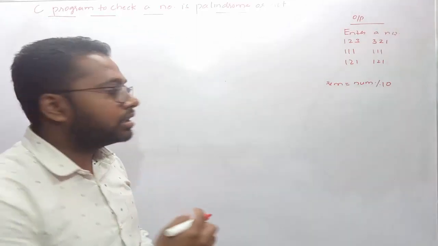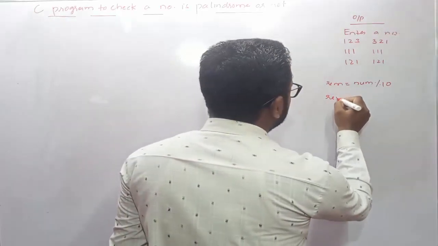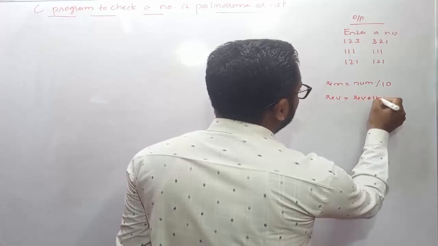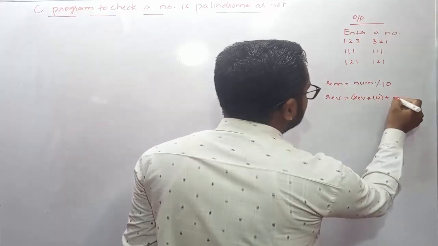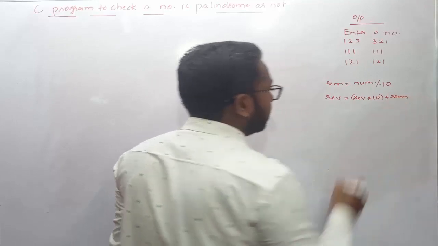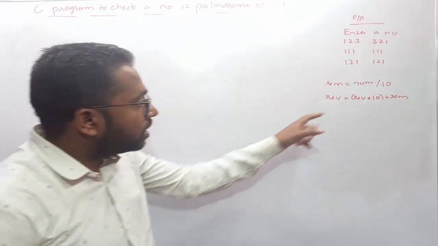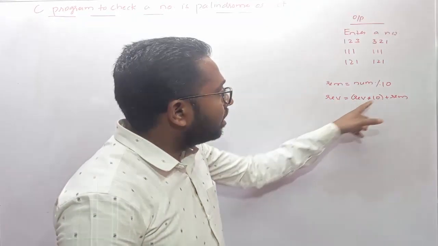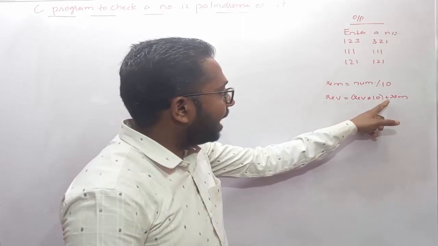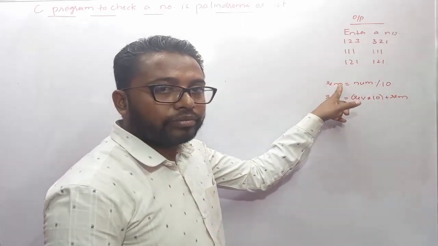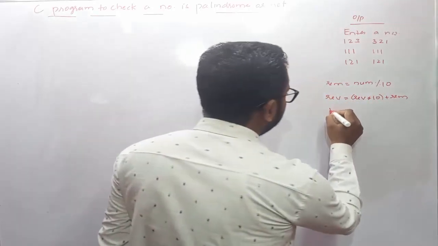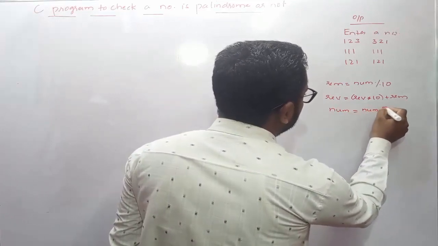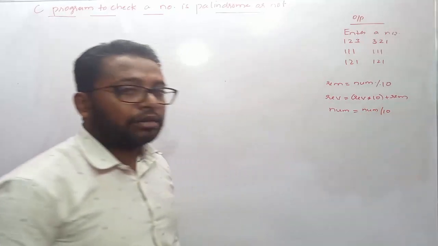Once we get that remainder, we need to reverse: reverse equals reverse into 10 plus remainder. We need to multiply the reverse by 10, then add the output to the remainder. Then the third step is to reduce the number by dividing it by 10.